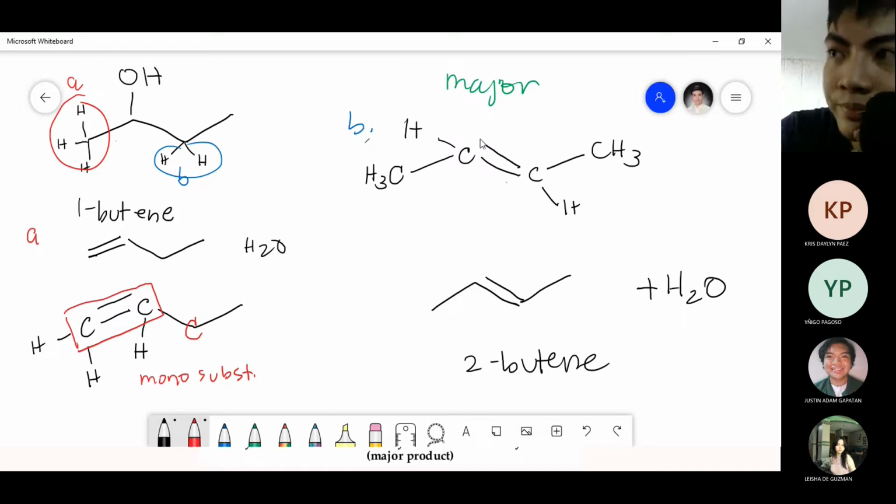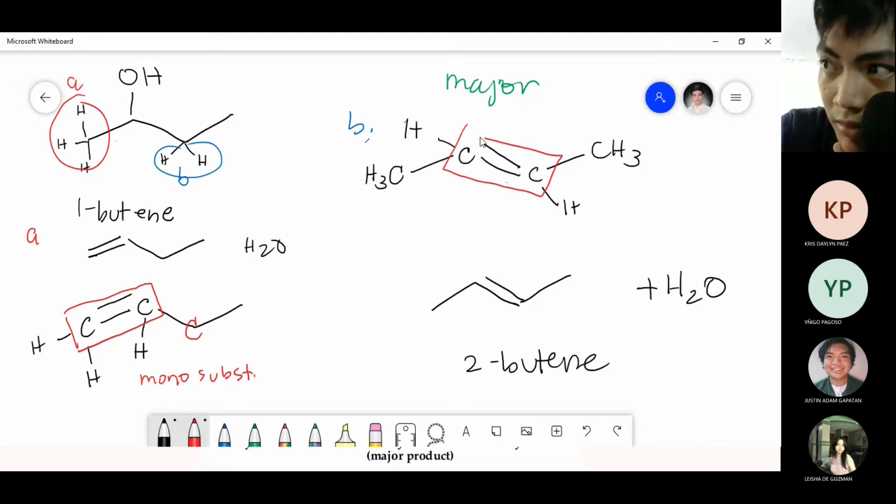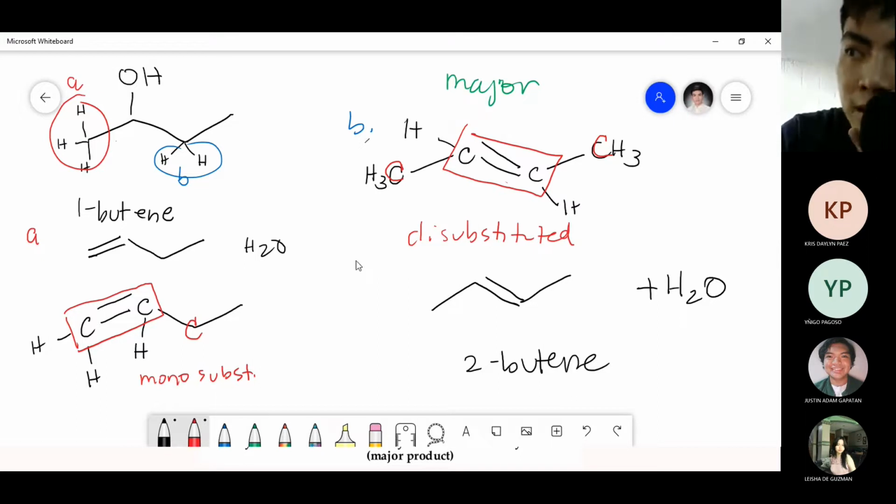Dito naman, you have dalawang carbon connected to your alkene. You have dalawang carbon connected to the double bond. Ito yon. Tapos ito. So ito ay di-substituted. Okay? Sino mas marami? Edi ito, di-substituted.